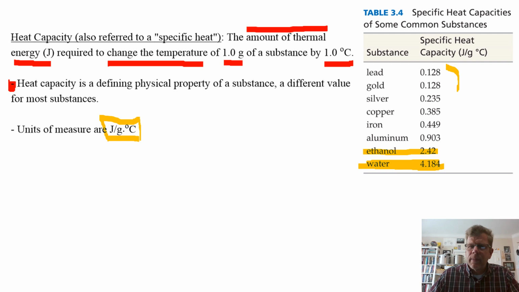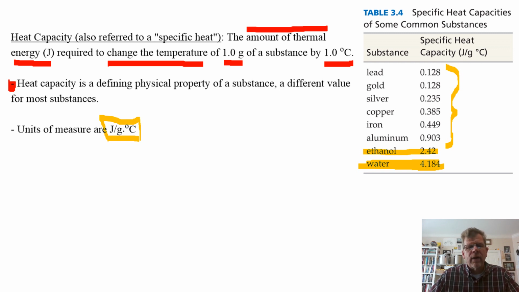If we look at some common metals, again solid at room temperature, we see a very, very small amount of energy required to take 1 gram of them up by 1 degree Celsius. Very small compared to that of water.